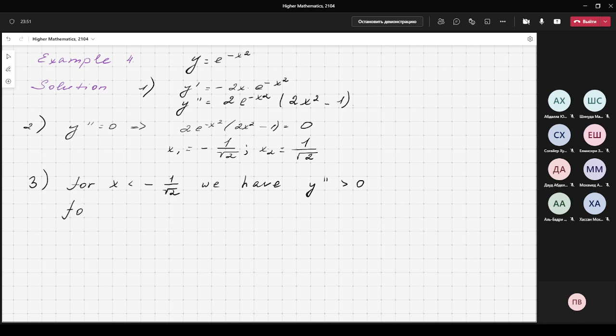For x greater than minus 1 over square root of 2, we have y'' less than 0.